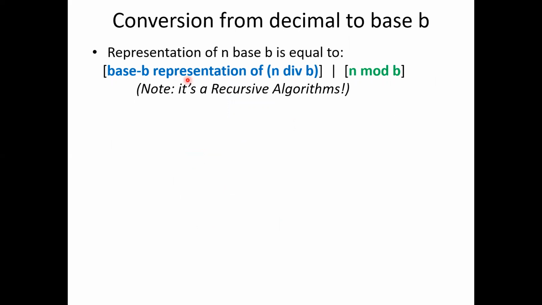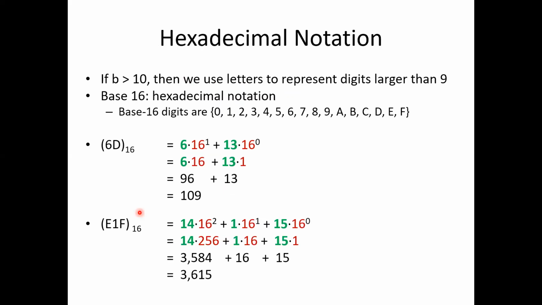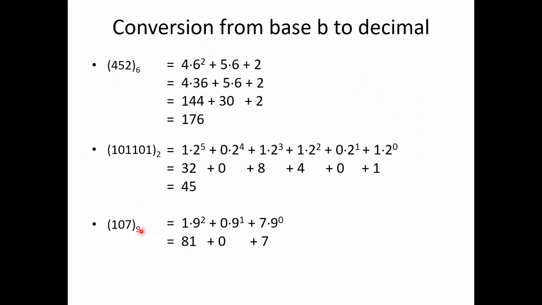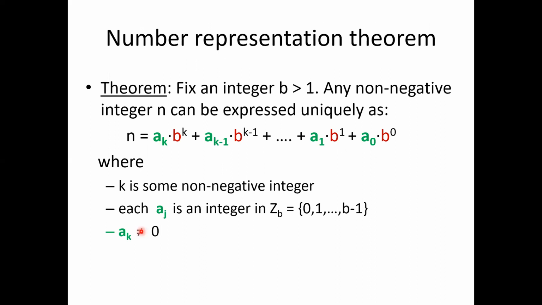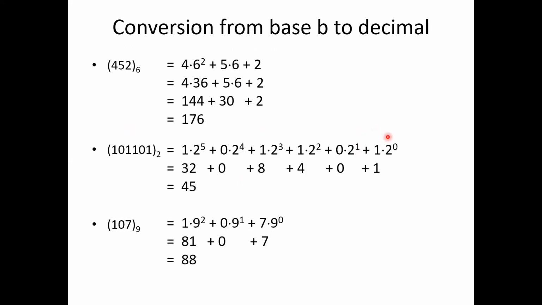So if I have anything written in whatever base, the algorithm to compute this in decimals is clear: I just expand it and perform the computation. No big deal. But how about the other way?